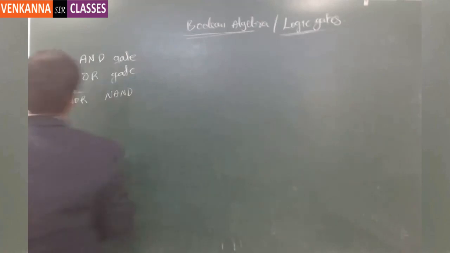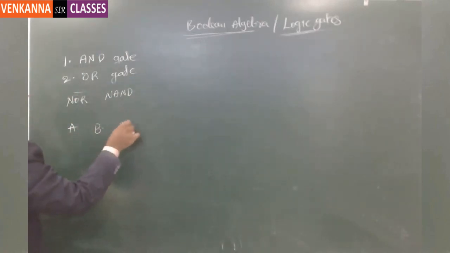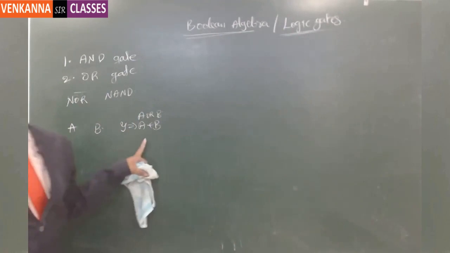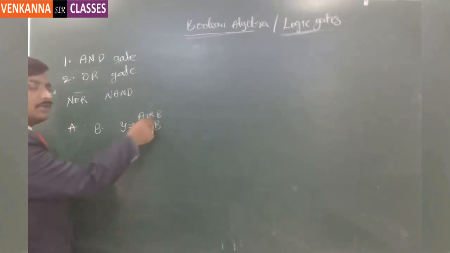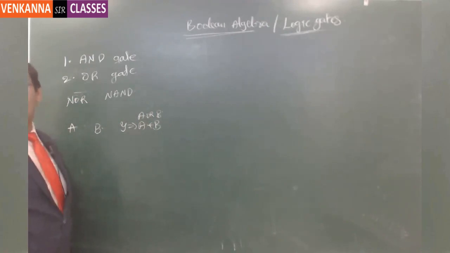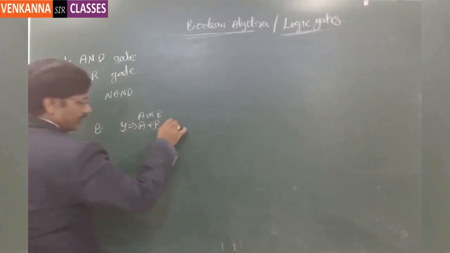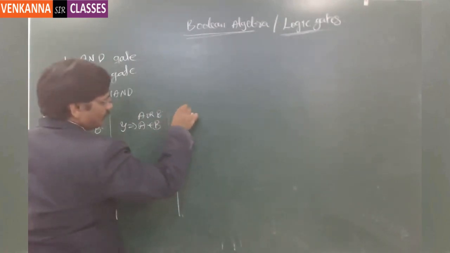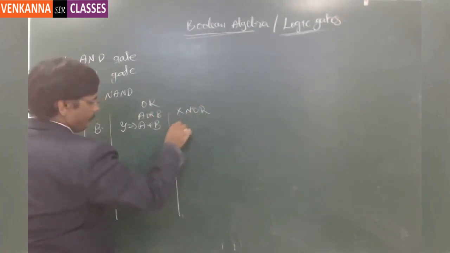If you write the truth table with A, B, and Y equal to A plus B, A plus B is the mathematical form to write A or B. Wherever OR is there you can replace it with plus, and wherever AND is there you can replace it with dot. So this is A plus B, and then here the XNOR gate is Y bar.